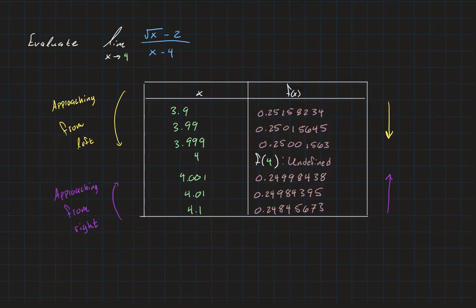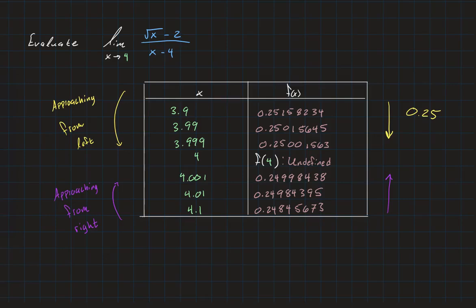So you can see a clear trend. It looks like as I approach from the left, I'm approaching 0.25. Now you might question that a little bit, and that's okay. I encourage you to question these things and be curious, be interested about what's actually happening. So let's see what happens as we approach from the right.